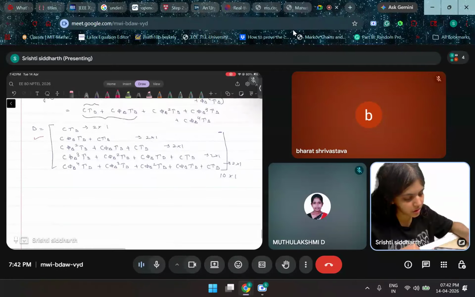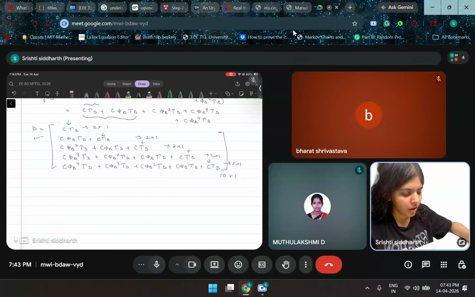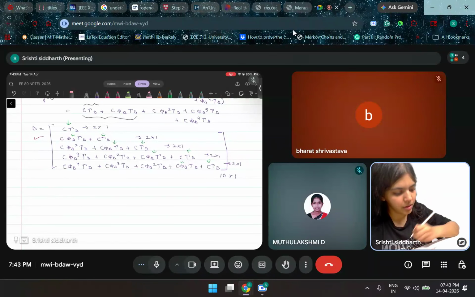So this is the correct expression for D. What you can do is, once you compute C gamma delta, that's fixed, right? This is used everywhere, in all of the 5 entries. And once you calculate this, it is also used in the subsequent entries.